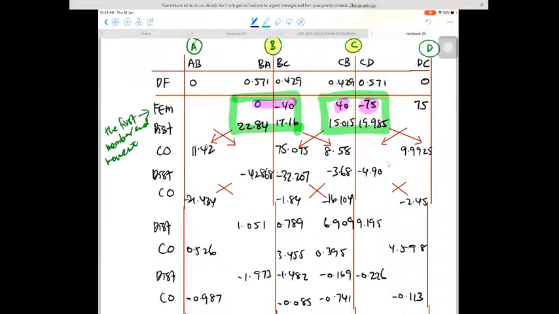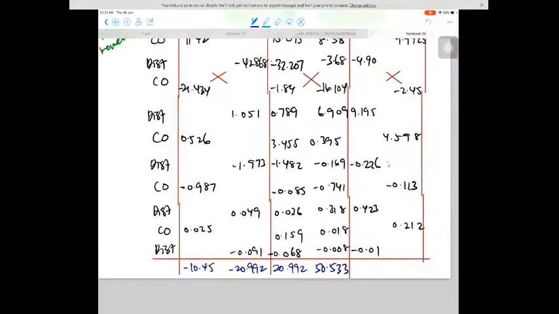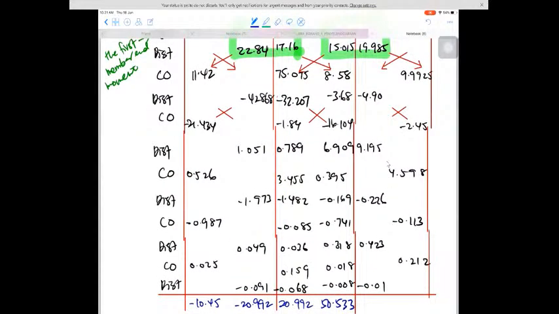It is negative 75 plus 19.985 minus 4.9 plus 9.195 minus 0.226 plus 0.423 minus 0.01. So we get the same, negative 50.533.